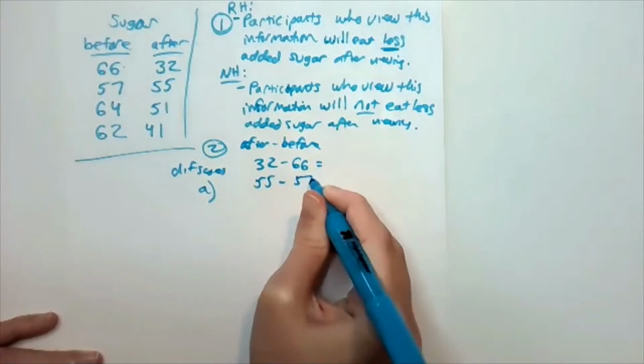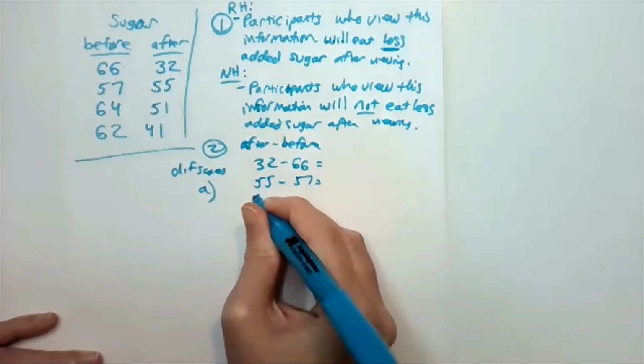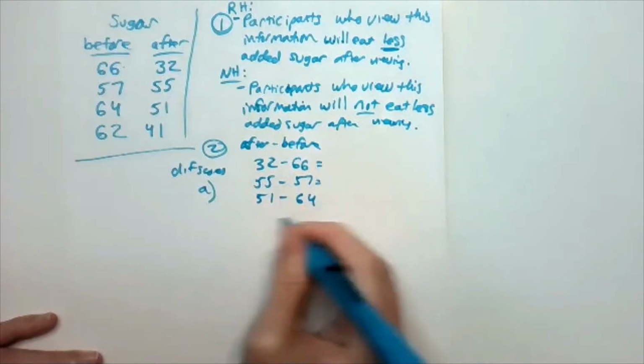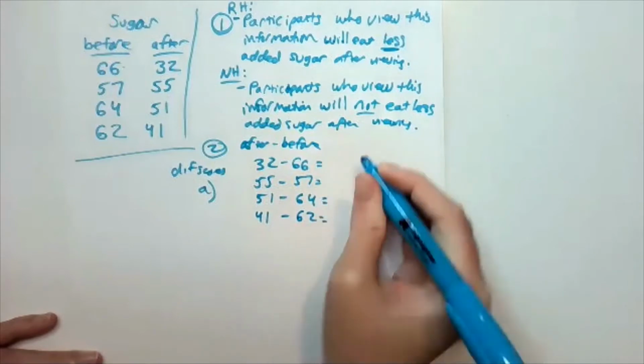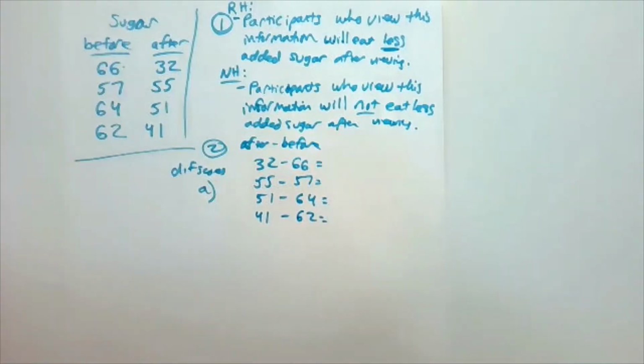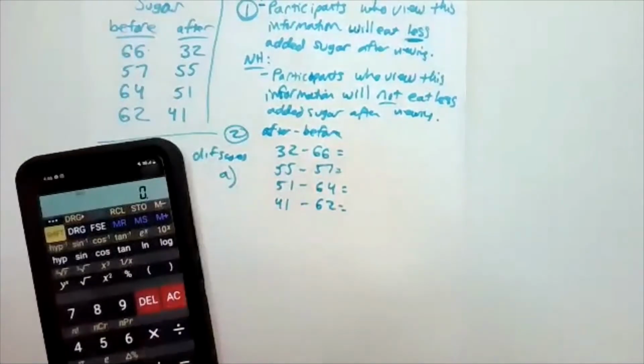If I do this, I'm going to have 32 minus 66, 55 minus 57, so this column minus this column, 1 minus 64, and 41 minus 62. I could bring up my calculator to calculate these.